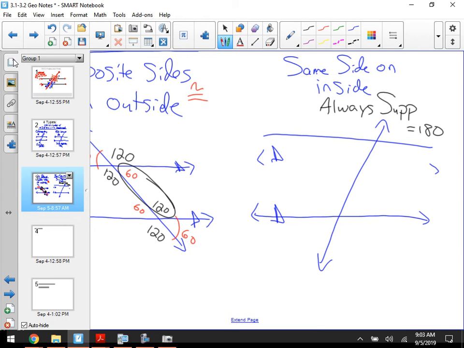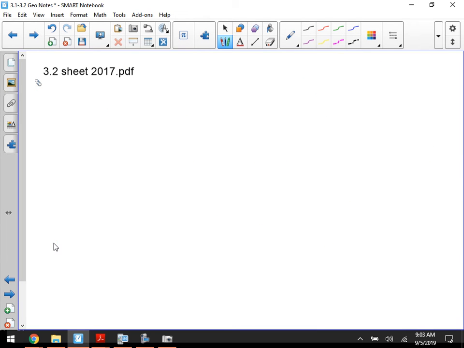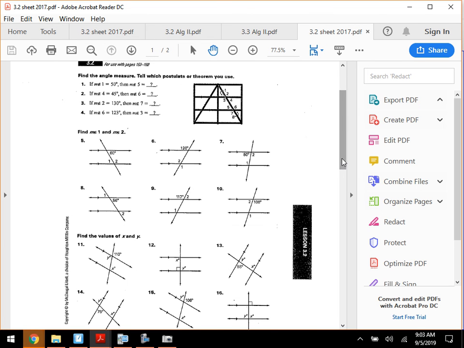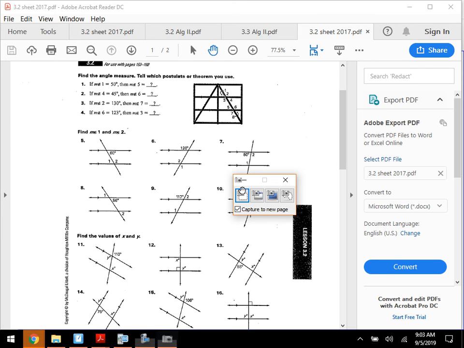Show you an example of that. Actually, I think I have this copy. I brought it up.